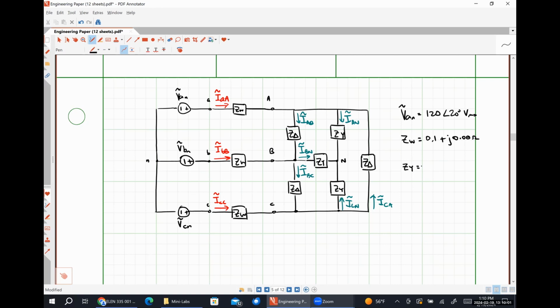Our Y connected impedance is 8 plus J2 ohms. And our delta connected impedance per phase is 12 plus J3 ohms.